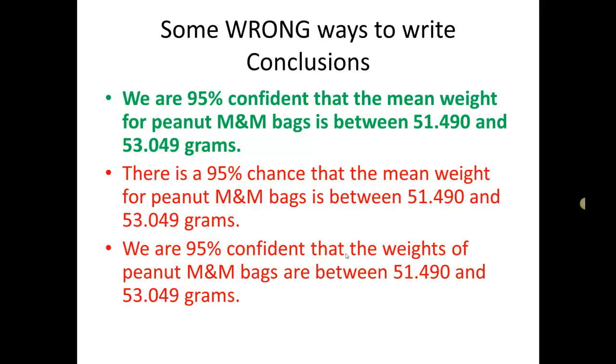It just says this is where we're pretty sure the actual value for our population is. This one is saying that individual peanut M&M bags are going to have weights between these two values, which is incorrect.